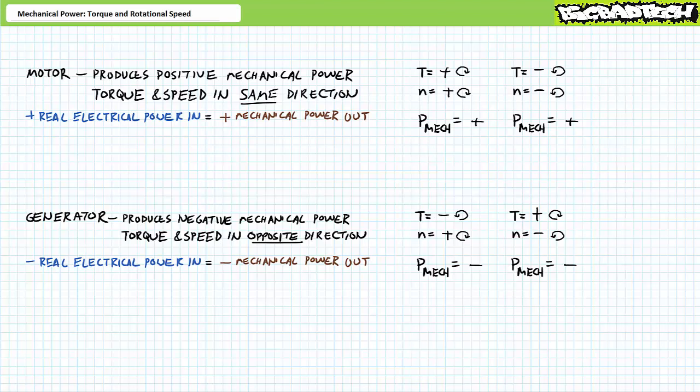If we assume 100% efficiency and power in equals power out, generators always consume negative electrical power. Yes, this is admittedly the same thing as consuming positive mechanical power and producing positive electrical power, but if we use this polarity convention, rather than flip-flopping the sides of the equality, it's readily identifiable which role an electrical machine is fulfilling, motor or generator.